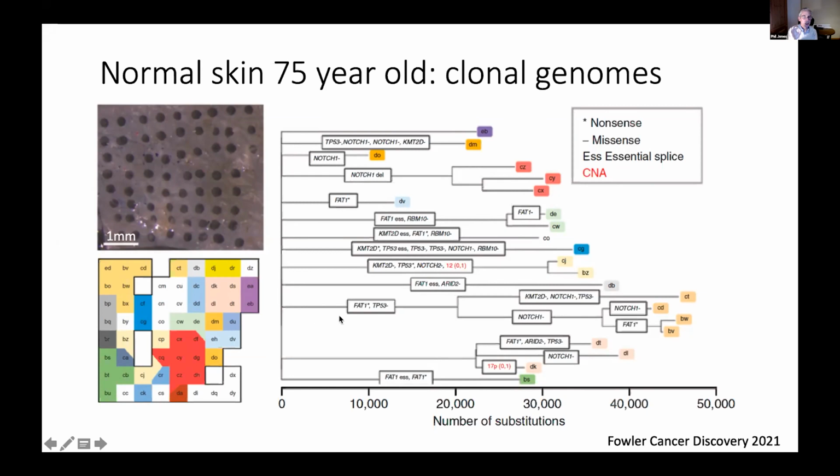The slightly worrying thing here is that you can see that we have multiple clones almost adjacent to each other, each of which is carrying multiple driver mutations. Some of them have copy number alterations. The number of substitutions across the genome is topping out in some cases over 40,000. So these are very mutated clones.